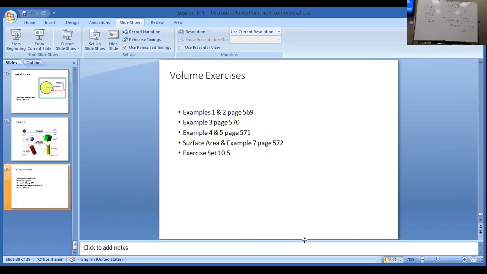All right. Let's look at example 3, page 57. We want to find the volume of this pyramid in San Francisco, the Transamerica Tower. The base of it is in the shape of a square, and its dimension is 52 meters.